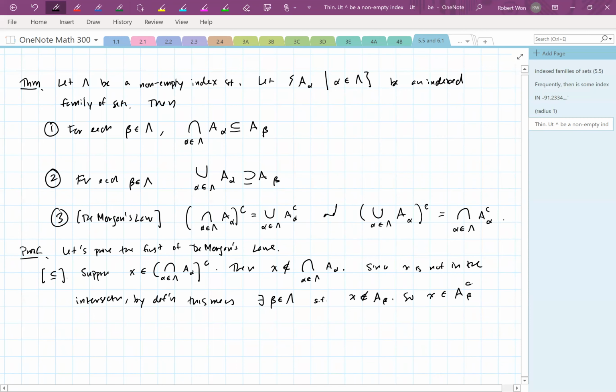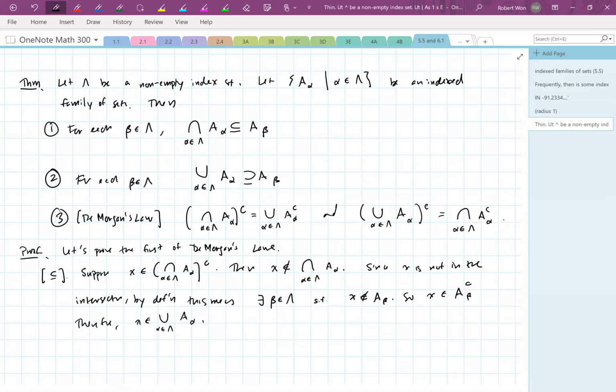And now since it's in A beta complement, it's certainly in the union of all of the complements by the definition of the union. x is in the union over all of these alphas, A alpha complement. Okay, so it's an element chase using the definition of the intersection, the definition of the union, which is exactly how you prove the original De Morgan's law for two sets.